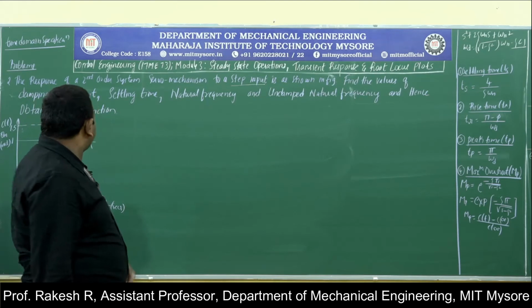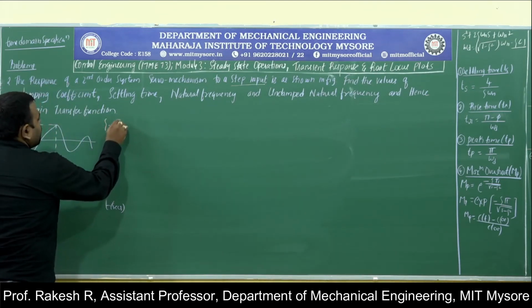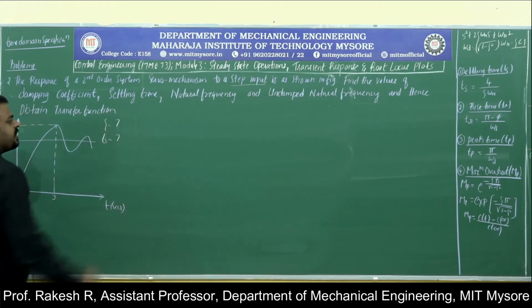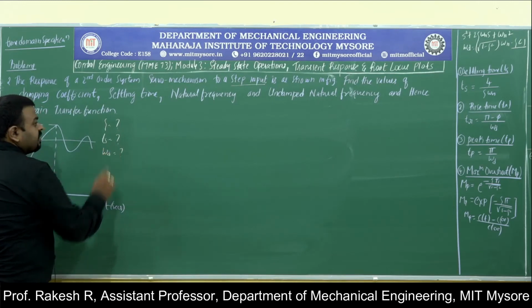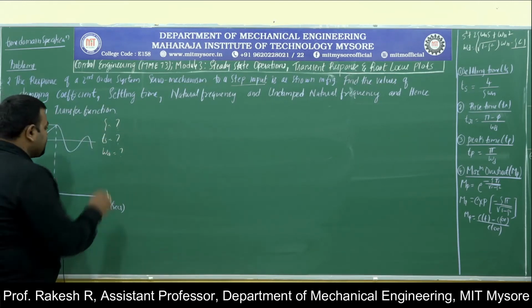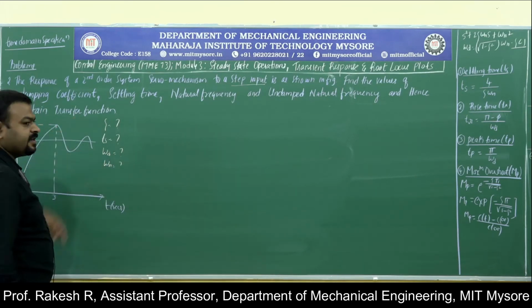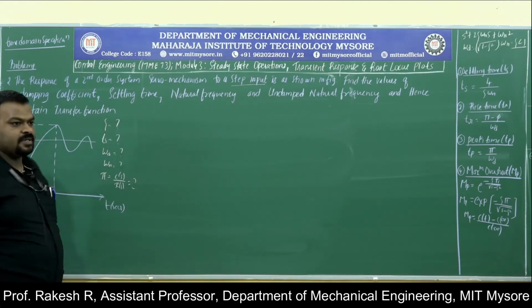Then find the values of damping coefficient zeta, settling time Ts, natural frequency omega n, the undamped natural frequency, and also you have to obtain the transfer function C of s by R of s.